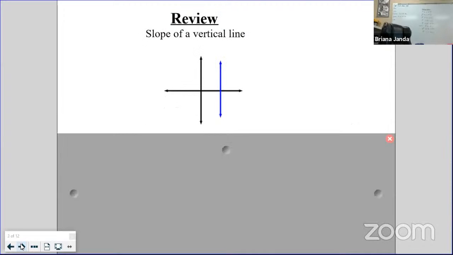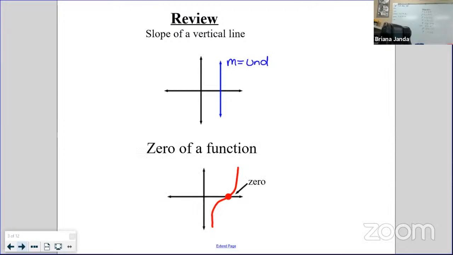One of the things that we need to understand when looking at a graph is the slope of a vertical line. What would you have described the slope of a vertical line as? Undefined, right? If I were to describe the slope of this line right here, I would call it undefined. If my function is hitting the x-axis, that is where it is equal to 0, right?